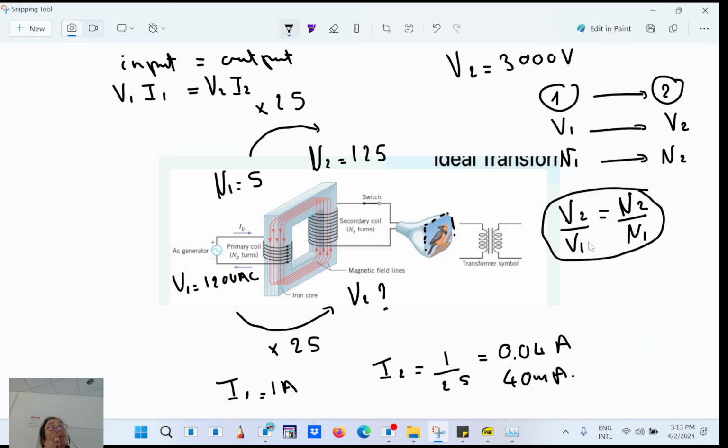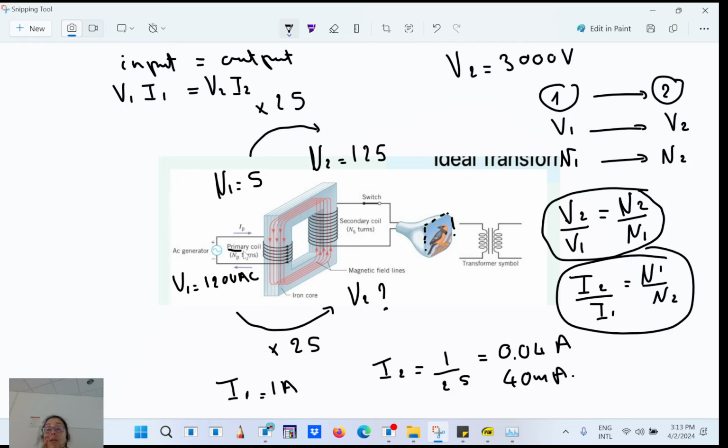That's the equation for the transformer. And for the current, it's going to be the opposite. It's going to be N1 over N2. This is called the primary coil, and this is the secondary coil. And that will be the symbol that we are using.